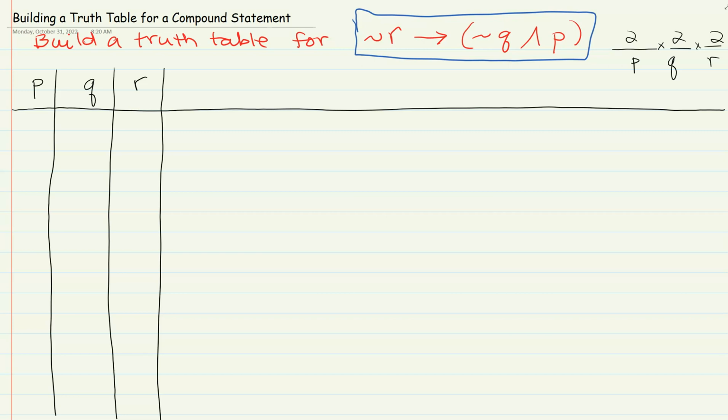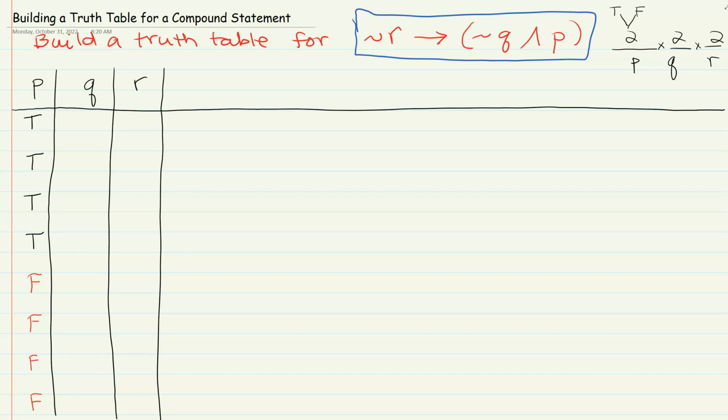First, we know there are 8 choices. P could be true or it could be false. So my first 4 out of the 8 would be when P is true, and the next 4 would be when P is false. That's how I think about my listing.